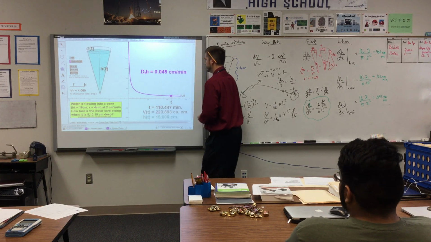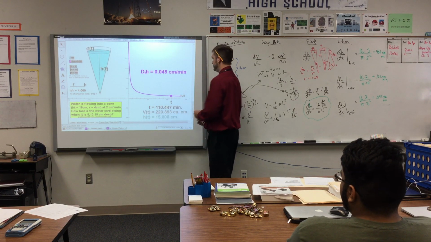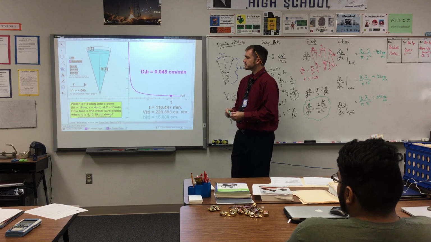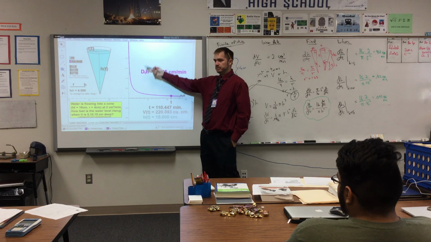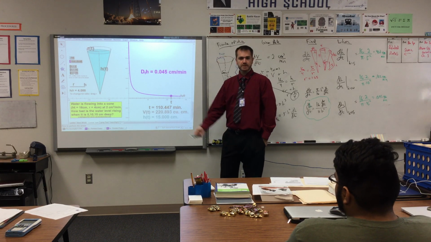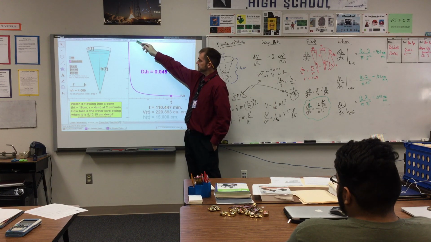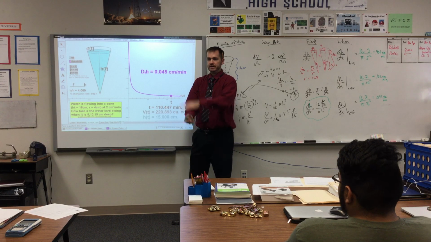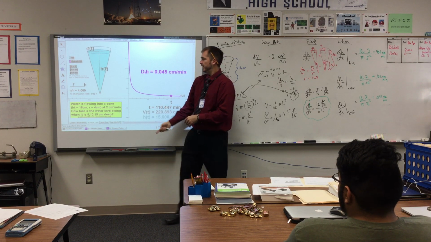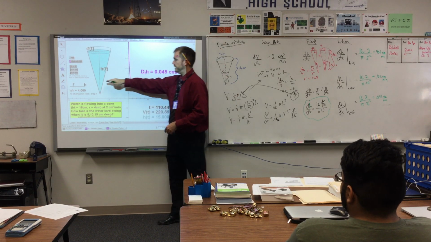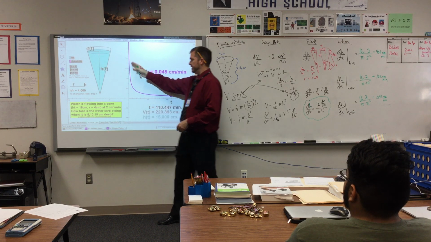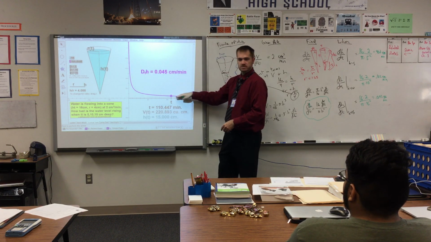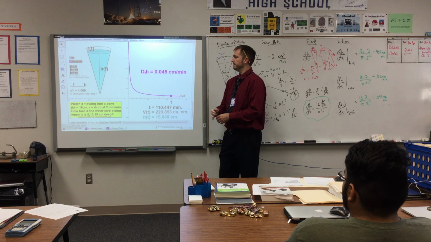And 0.045. All right. It's nice they actually included a graph for us here showing that the rate is almost infinite at first. When you first start filling it in, the height increases really quickly. But then as the height gets closer and closer to the top, the rate gets slower and slower, closer to 0.